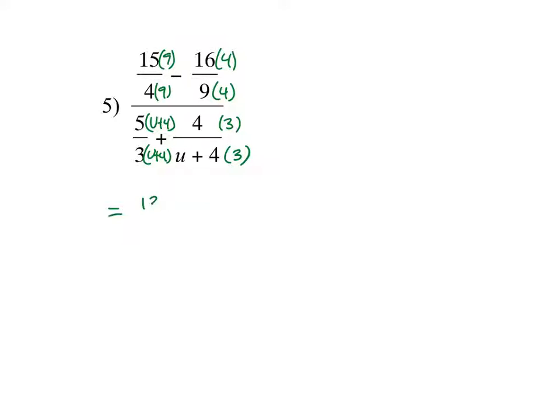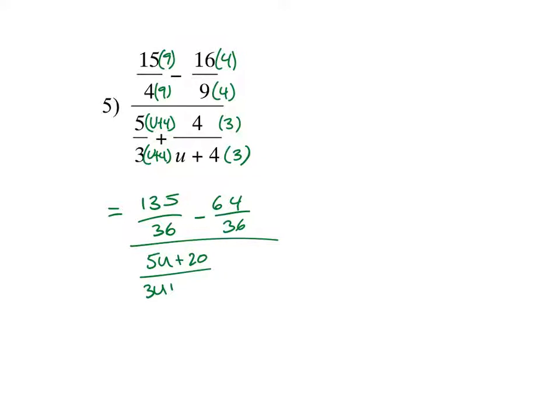So I have 135 divided by 36 minus 64 divided by 36 over 5u plus 20 divided by 3u plus 12 divided by 3u plus 12.